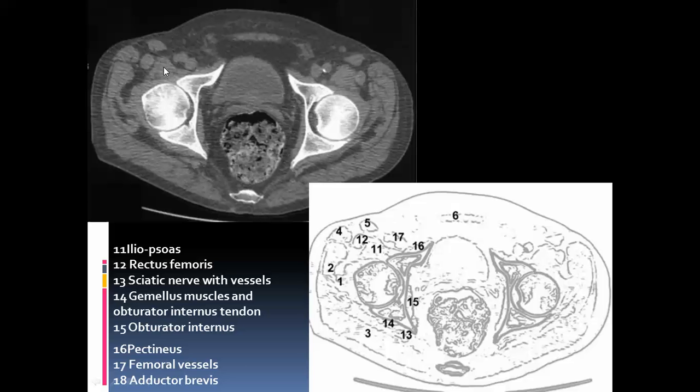again, this is the region of the iliopsoas, and we have the obturator internus as well as the obturator externus.